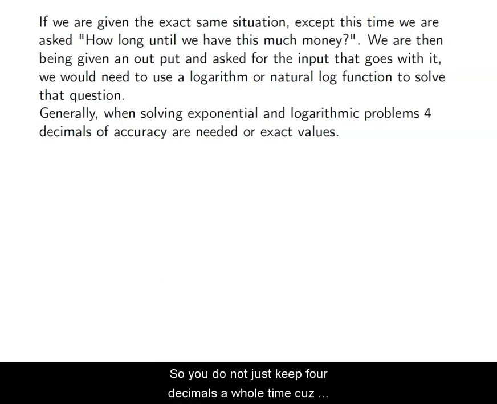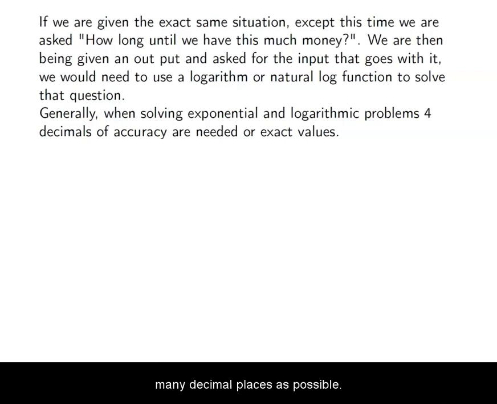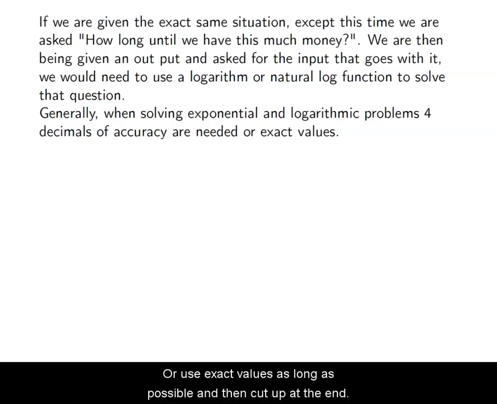Okay, so you do not just keep 4 decimals the whole time, because that will not be 4 decimal places. That'll be more like 3 decimal places or 2 decimal places of accuracy, and you'll end up getting the wrong value. You need to keep as many decimal places as possible, or use exact values as long as possible, and then cut off at the end.